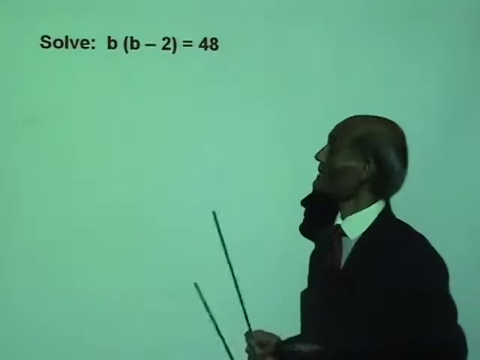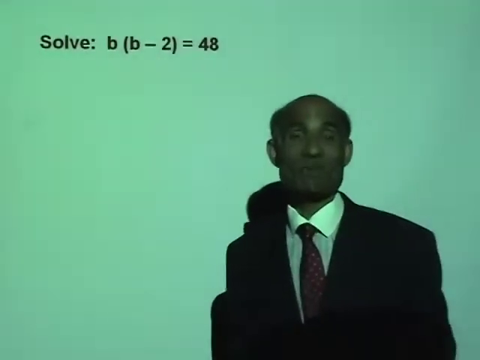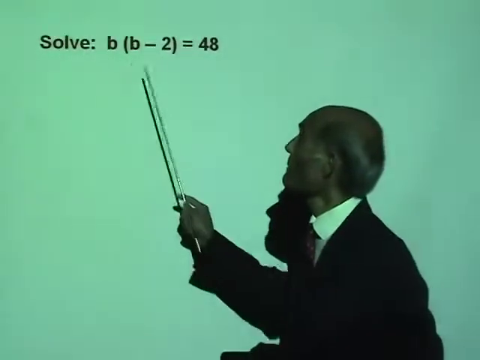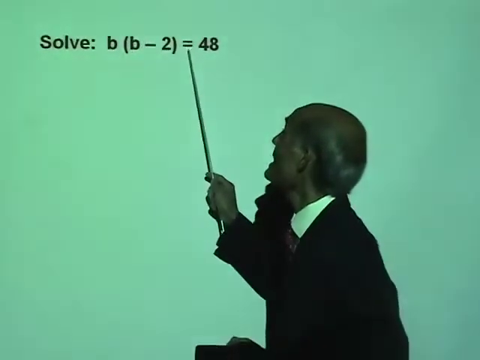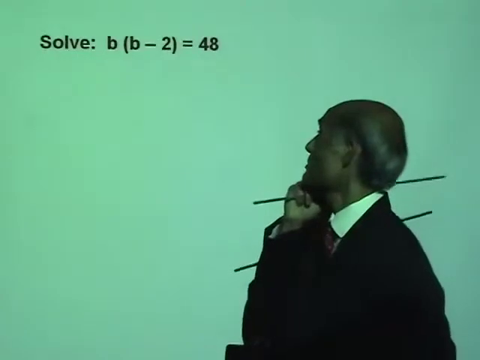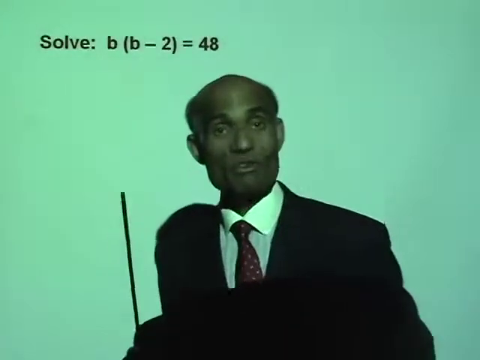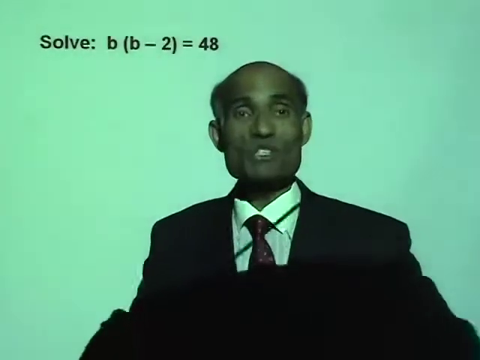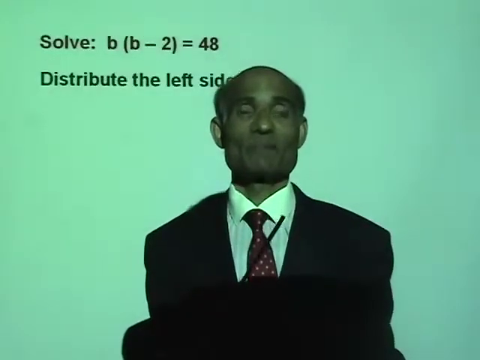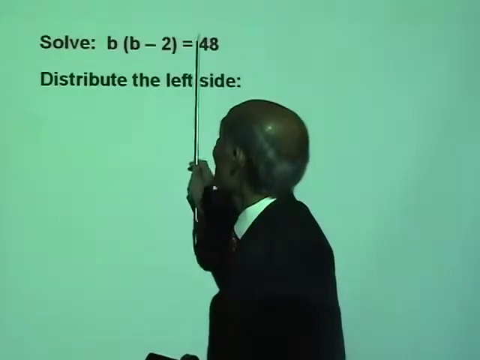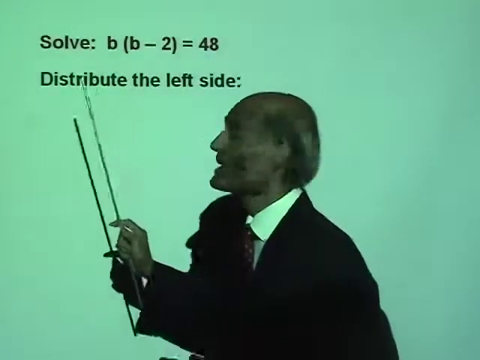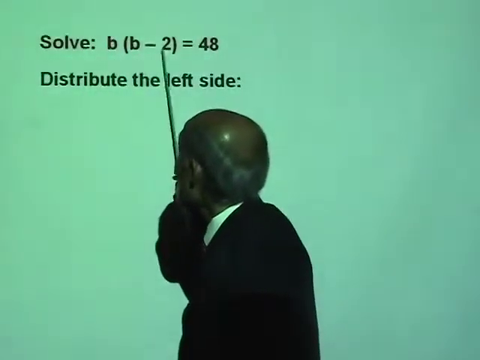Okay, let's now do another equation. Solve b times b minus 2 equal to 48. Well, we've got to now go through all the steps in here. First of all, before we move the right side to the left, let's multiply the left-hand side.